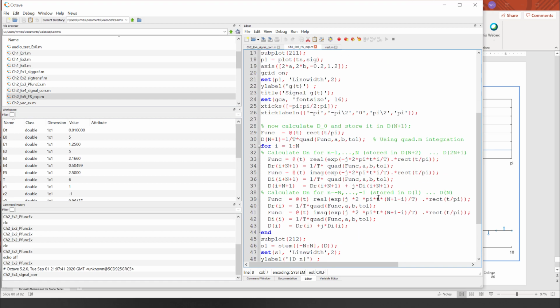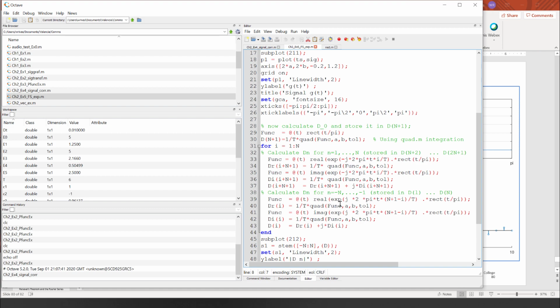Then we calculate the d of n's for the positive side, for n equals 1 to capital N. Here, the function is a little bit different. We said that in general, d of n are complex because this applies to complex functions.